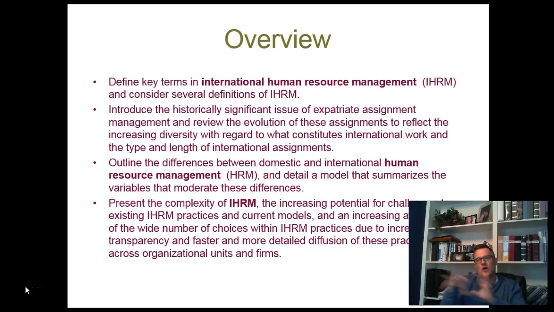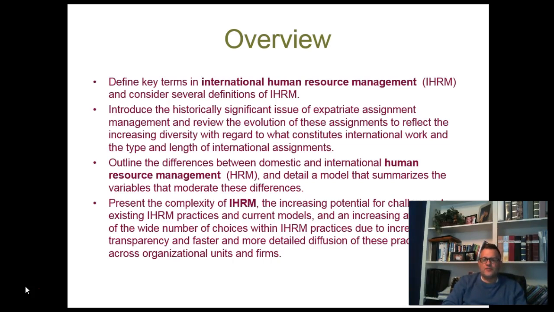Those individuals are called expatriates, and there's a whole bunch of complexity that goes along with deploying somebody, managing somebody, and then even bringing somebody back. And usually the biggest problem that human resource managers encounter is when they're bringing back somebody who's been abroad for a while. So we'll get into some of those issues.